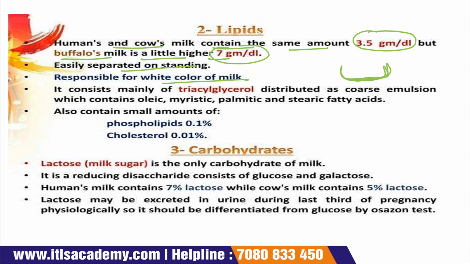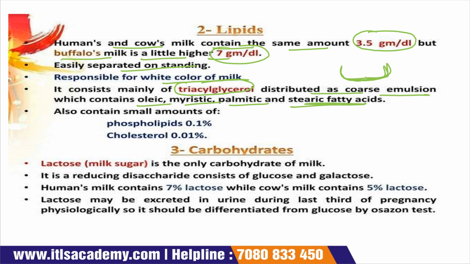It consists mainly of triglycerides, which are distributed as a coarse emulsion, and which contain oleic, myristic, palmitic, and stearic fatty acids. So there are four types of fatty acids present in a lipid, that is your oleic, myristic, palmitic, and stearic.